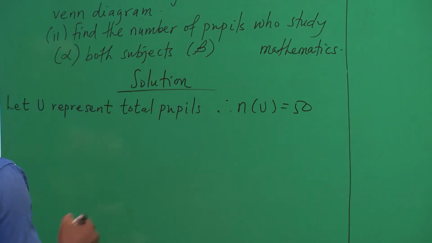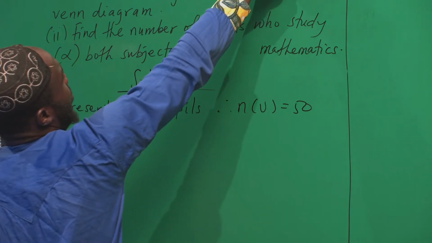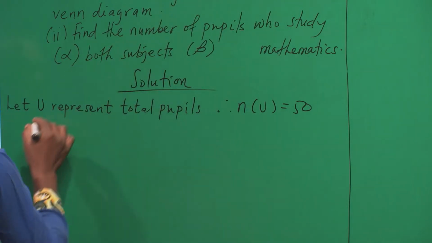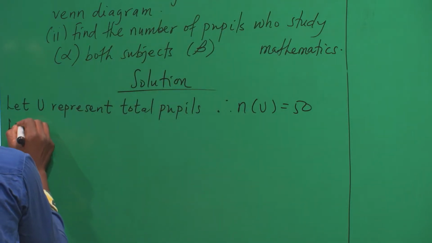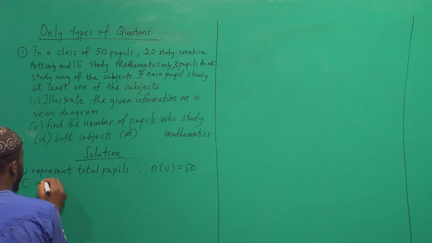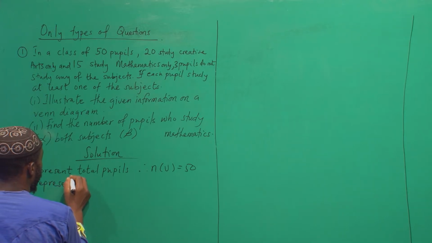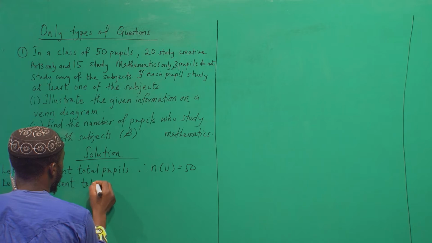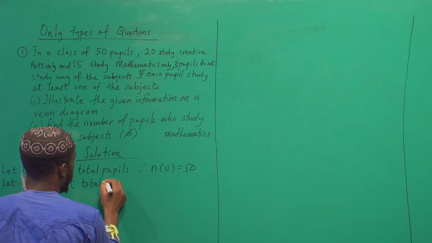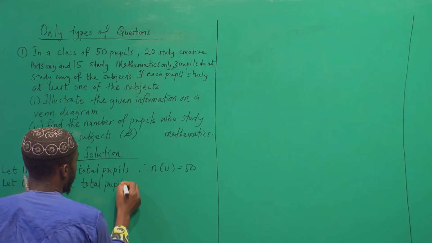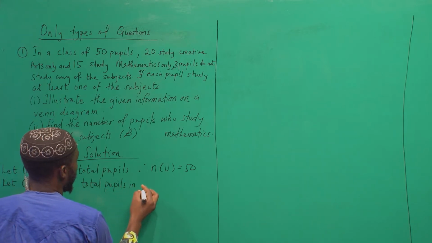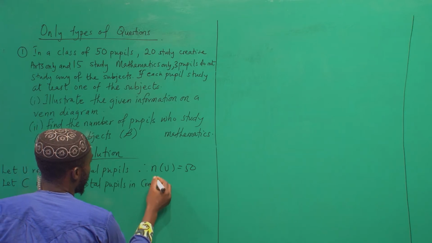We choose the first letter of the first subject, which is creative arts, C. So let C represent total pupils in creative arts.